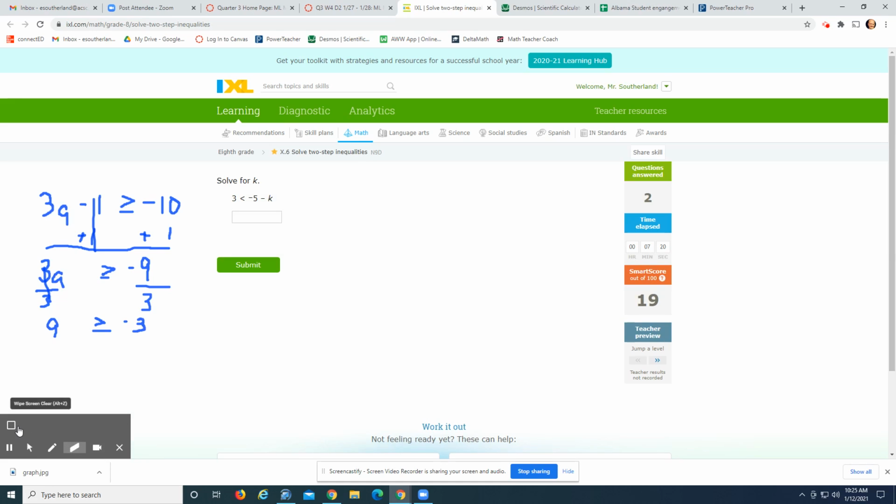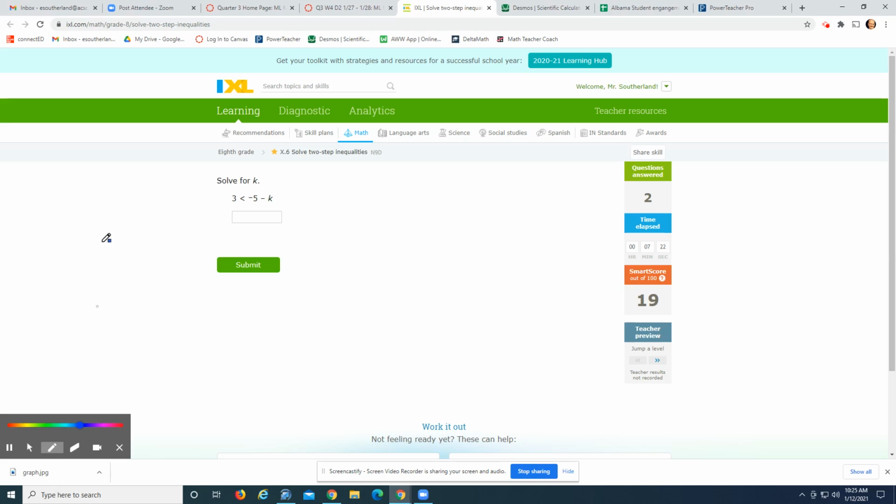And then we do the same thing for this problem. The only difference is I like to flip the problem. By that, I mean I want the letter on the left side. So I'm going to do negative 5 minus k.